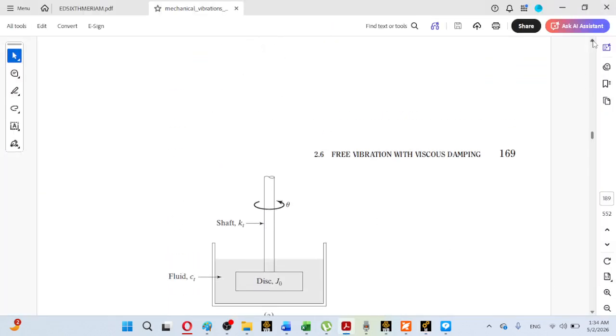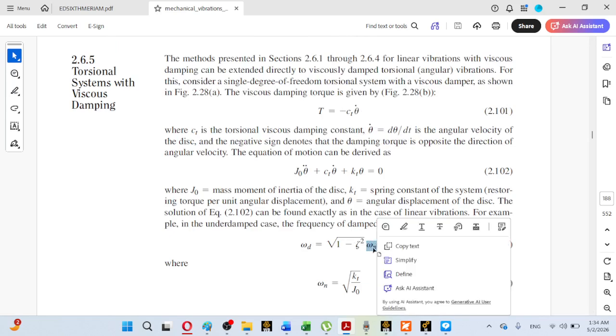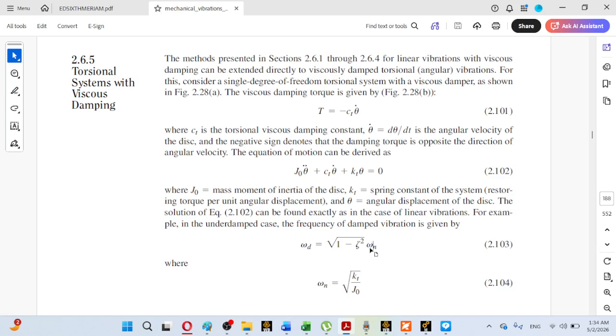For this, we start with the natural frequency, and the natural frequency, as you had observed, was the square root of kt by J0, and the value for kt that you had used was 755,189.785, divided by J0, which was calculated to be 0.125.